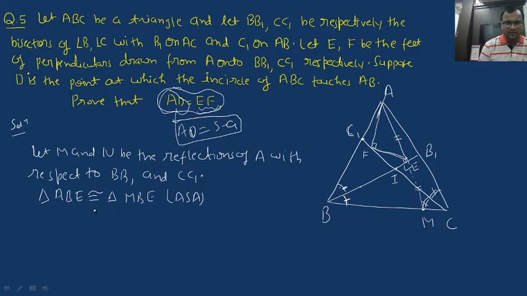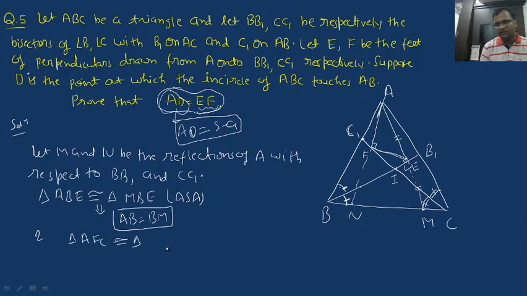Since these two triangles are congruent, by CPCT we can also say that AB equals BM. By a similar argument, we can also say that the reflection of A with respect to bisector CC1, that is point N, also lies on BC. And the reason is what? Because triangle AFC is congruent to triangle NFC.